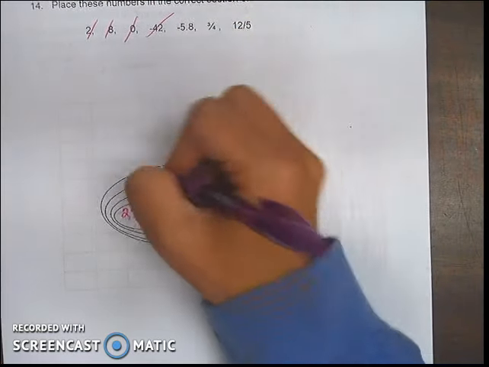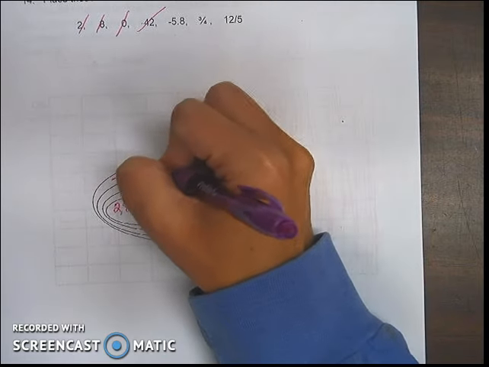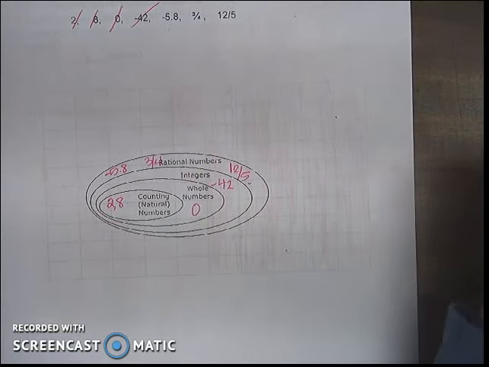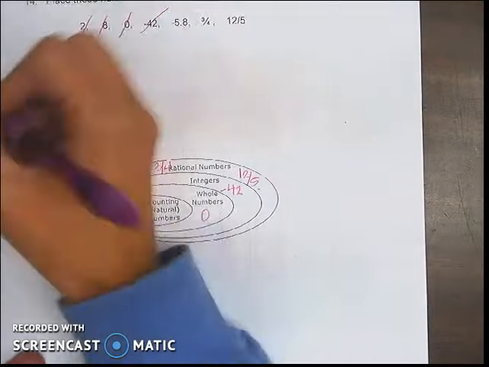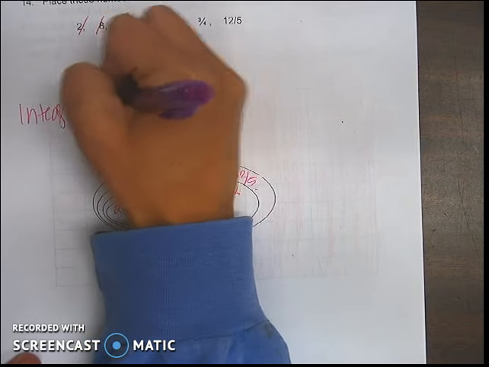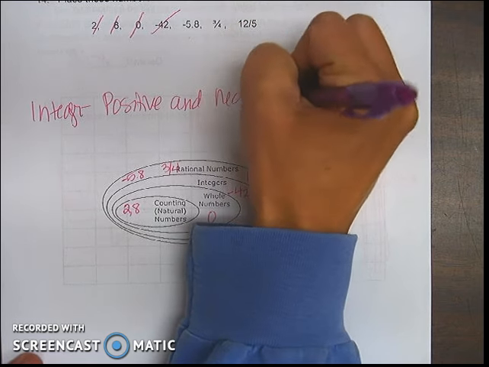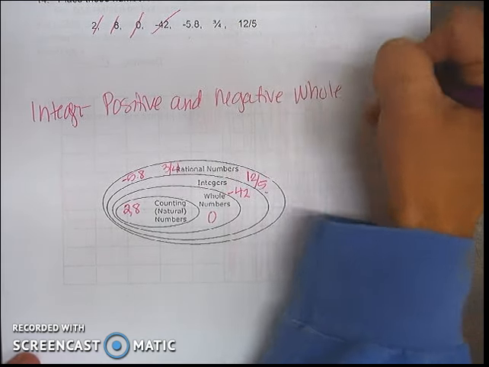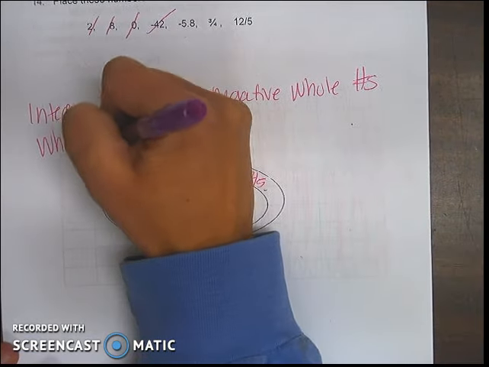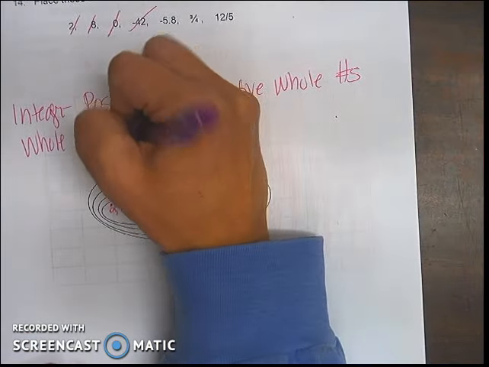Now, all of these right here, rational numbers. A rational number is any number that can be written as a fraction, including improper fractions. Okay, so integer, positive and negative whole numbers. Whole numbers, they're just positive numbers including 0.